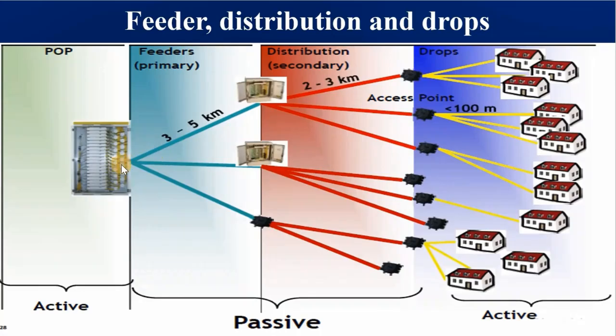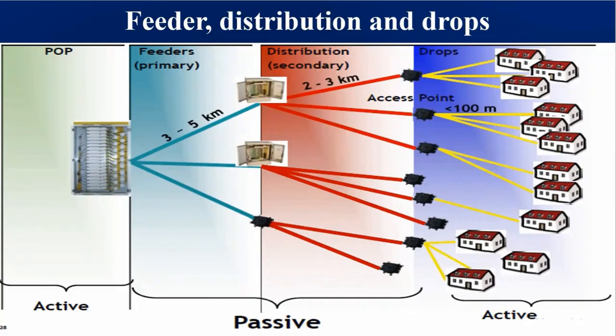The cable from the OLT to the splitter we call the primary cable or the feeder. Then from the NAP to the customer we call the drop fiber. Between the splitter and the NAP, the network access point, we call it the distribution cable, also known as the secondary cable.